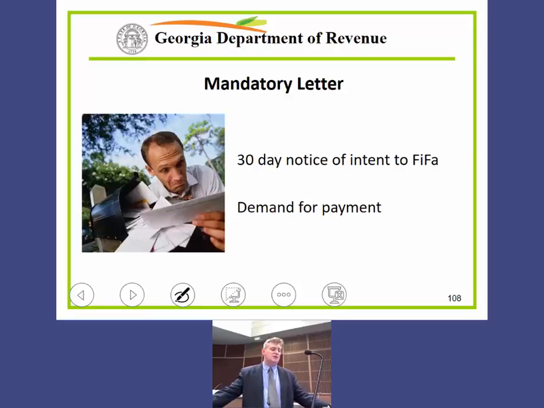Taxes due on personal property, this 30-day notice of intent to FIFA is not required, but we do recommend you do it, even on personal property tax bills. Okay? It's a mandatory letter, I will reiterate, before a FIFA can be issued on real property tax bills.